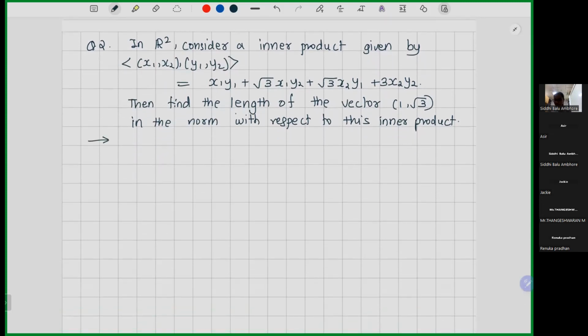So we have to find the norm of this vector (1, root 3). And what is this?